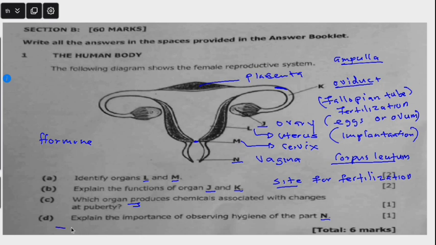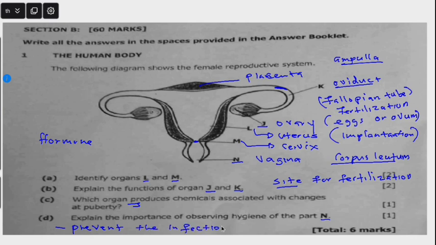Number one, it is to prevent infection. Girls or women are advised to take care of their vagina. They need to wash it and keep it clean in order to prevent infections. So that one is very important to know.